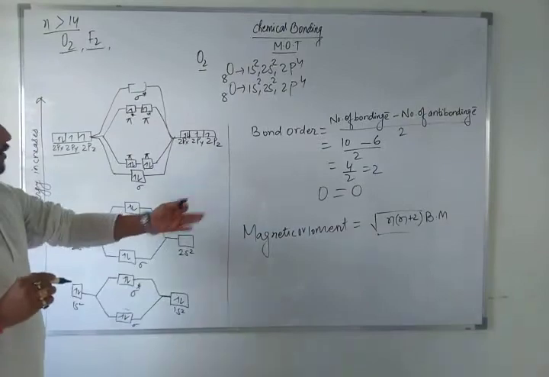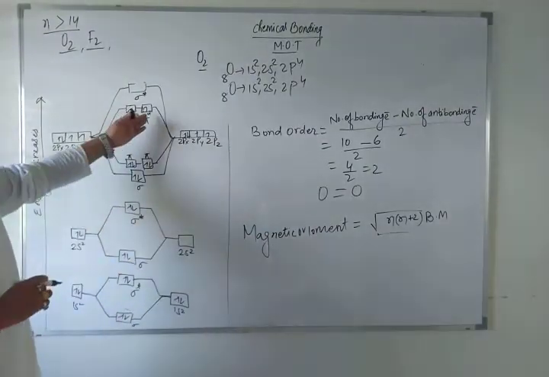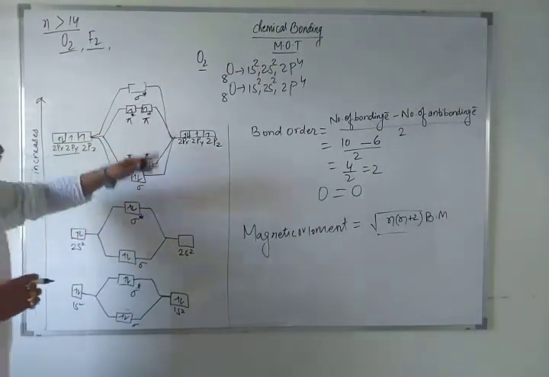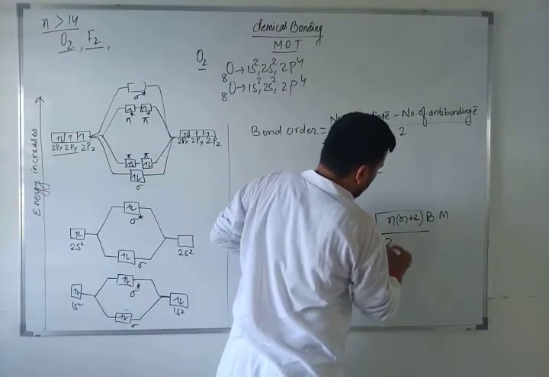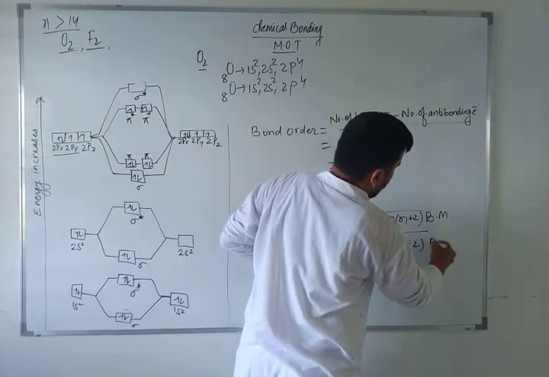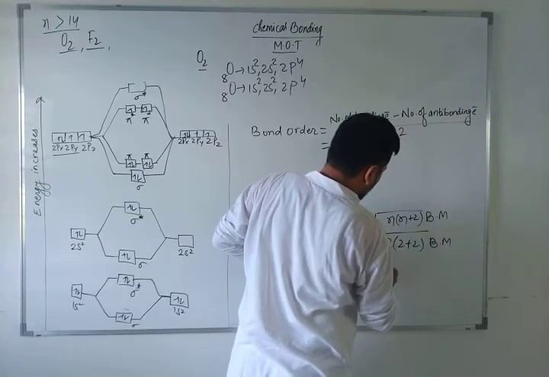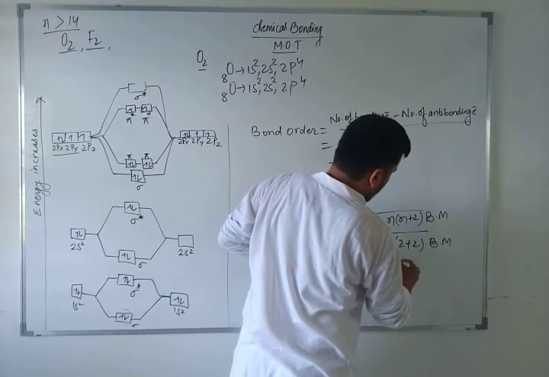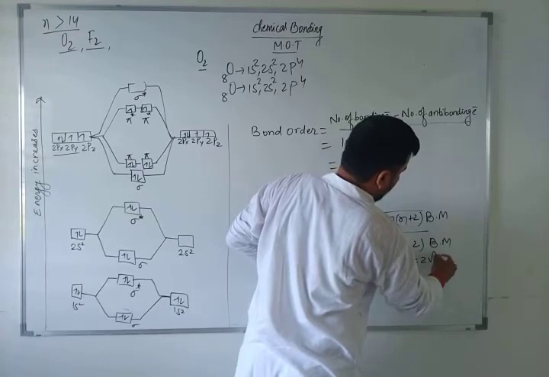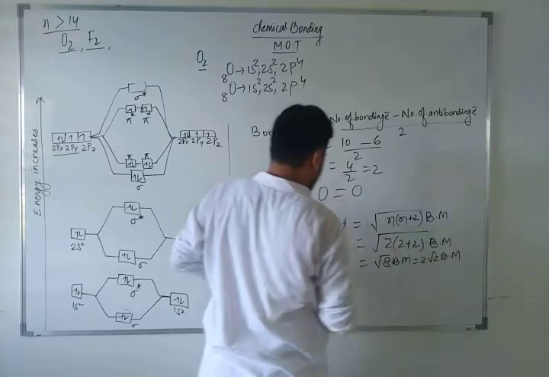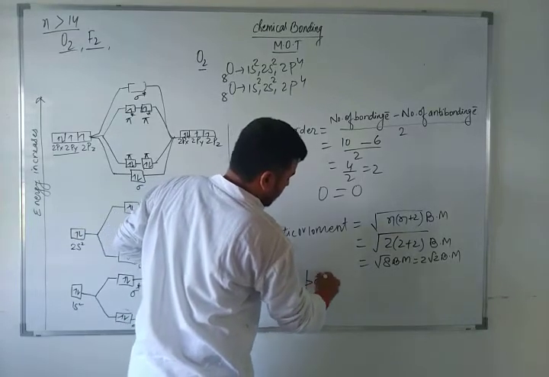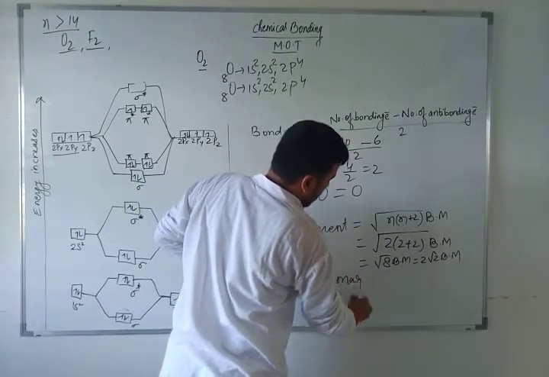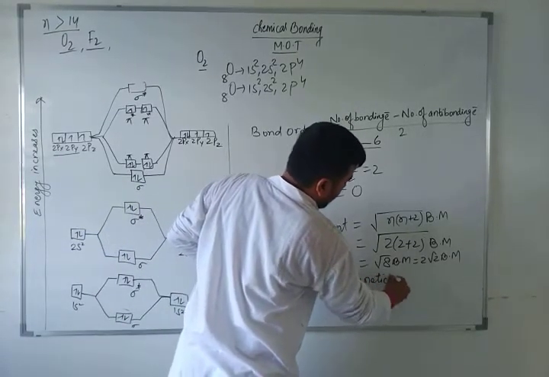If I talk about the magnetic moment, there are two unpaired electrons. You can see here two unpaired electrons. So the magnetic moment value will be root of 2 into 2 plus 2 BM, that is equal to root 8 BM, 2 root 2 BM. Hence paramagnetic in nature.